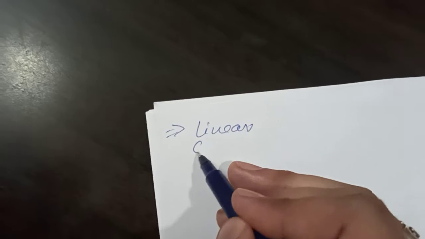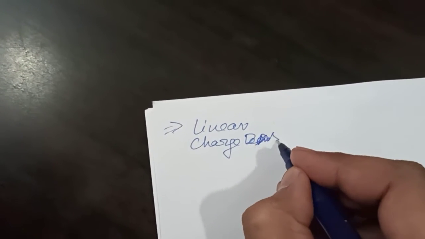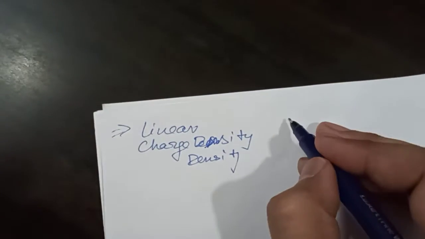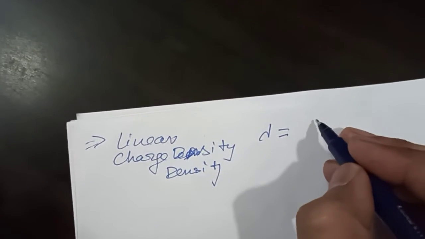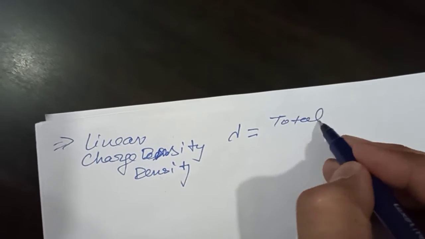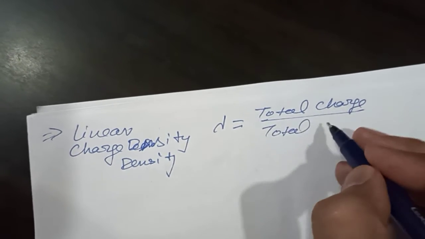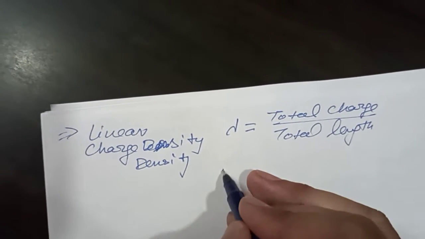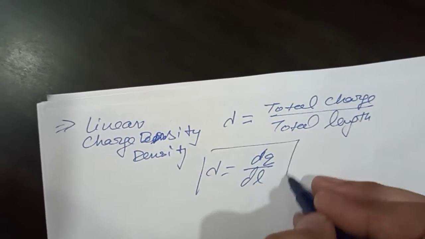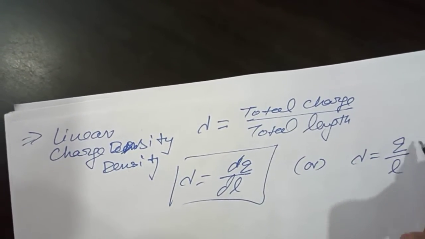linear charge density the concept comes. This is the density concept, and linear charge density is represented by lambda. It is defined as the ratio of total charge to total length. So lambda is equal to a small charge dq over a small length dl, or lambda is equal to q by l.